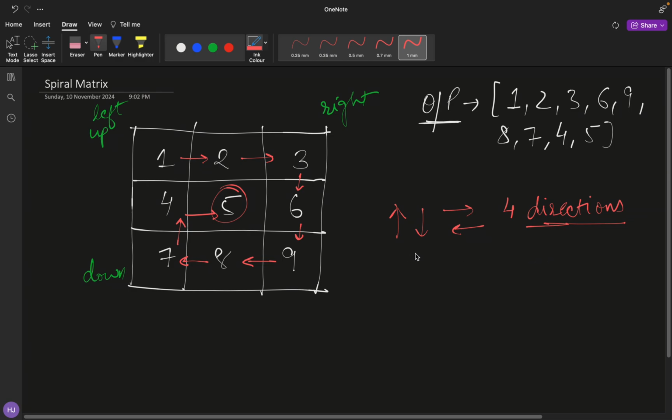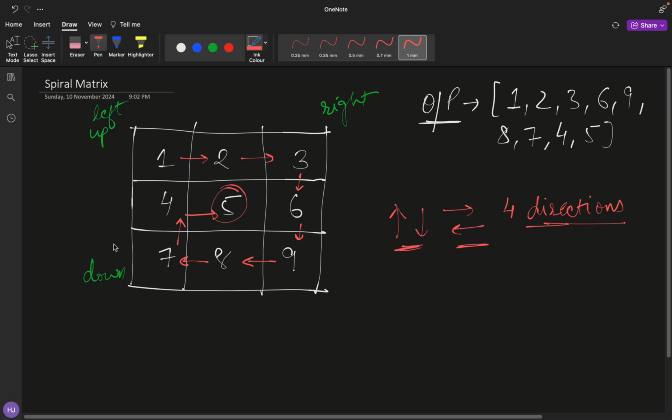So let's discuss these directions. I've already mentioned in the green that there are four directions: left, right, up, and down. We'll be moving in this matrix using these directions only.